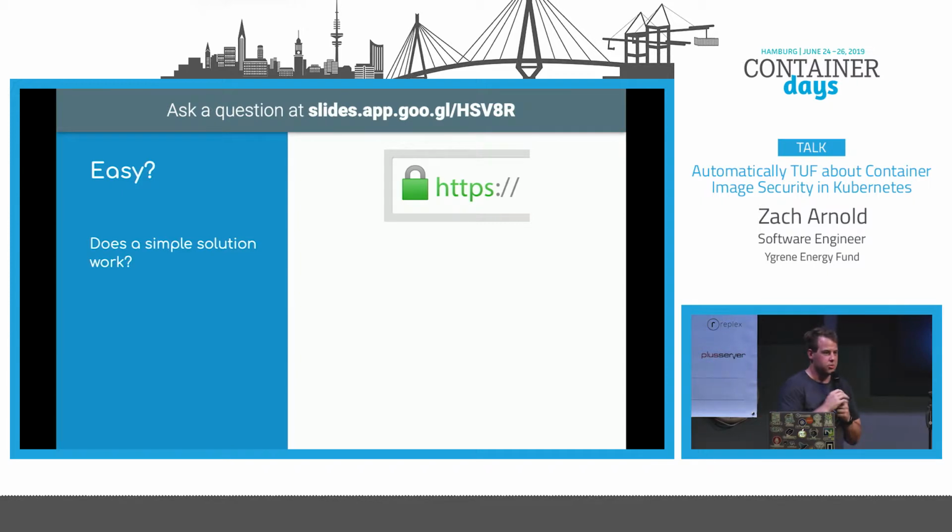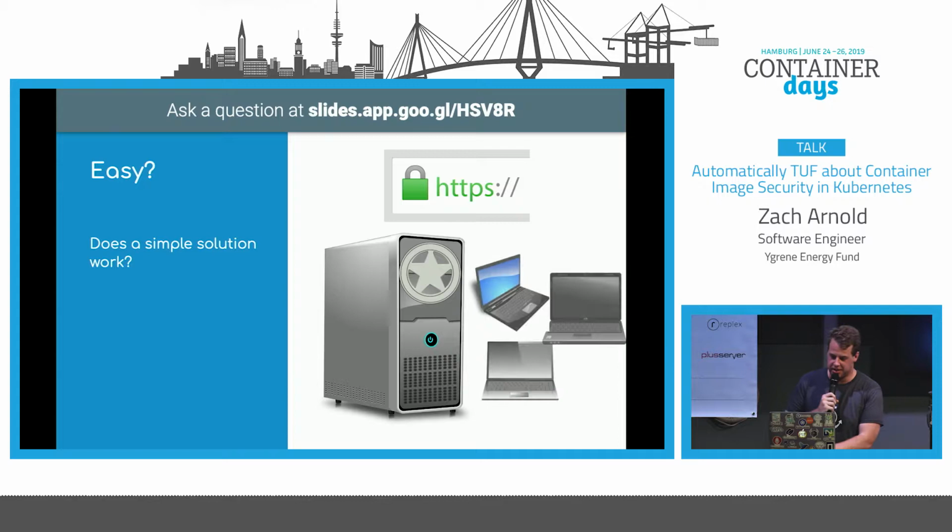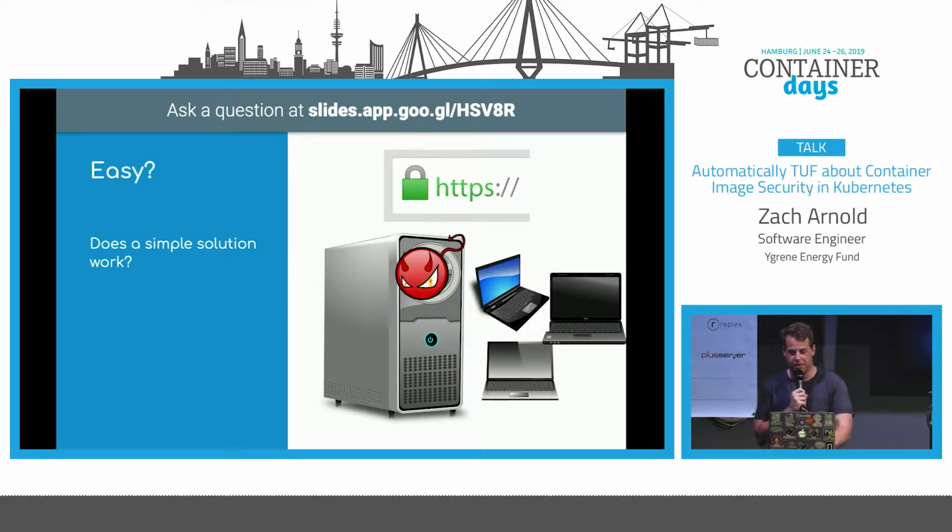Does a simple solution work? You can always trust the green lockbox up there in the top corner of your browser bar, right? The green always means correct, I assume. No, actually, that's not true. It's actually quite easy for attackers to compromise a CA. It's happened quite a few times.